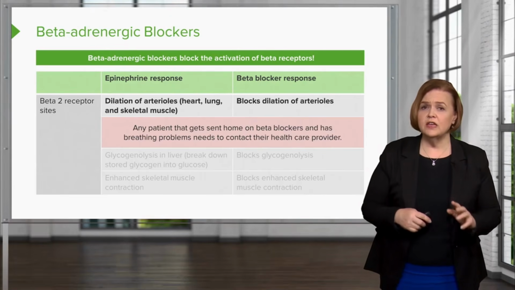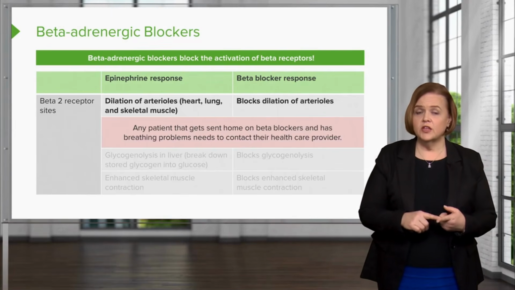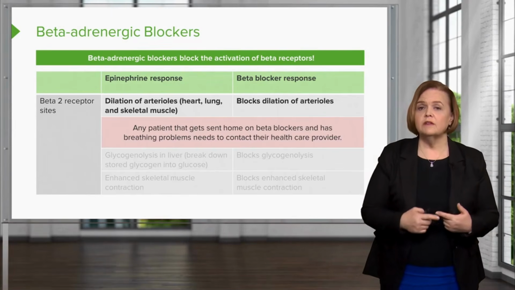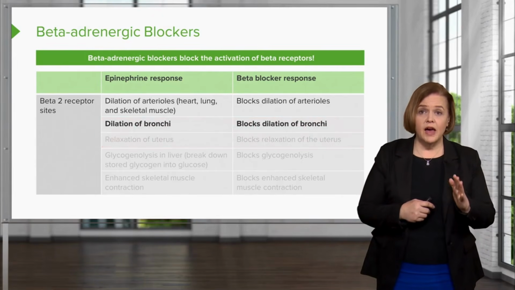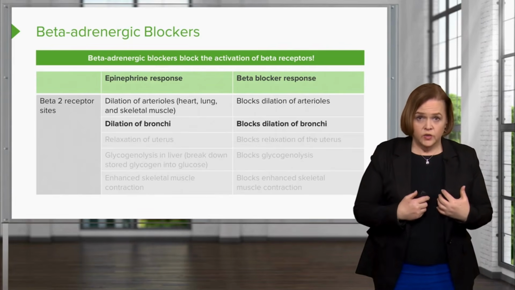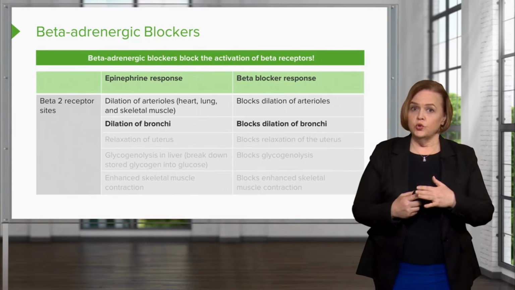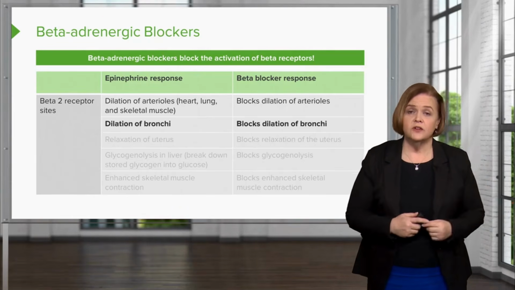So that's why it's really important that you teach your patients, if you have any breathing problems, please contact your healthcare provider. Then they can problem solve with them and assign a different type of medication. Because when it blocks that dilation of the bronchi, your patient might feel really short of breath. And you don't want that, nor do any of your patients. So you make the difference.